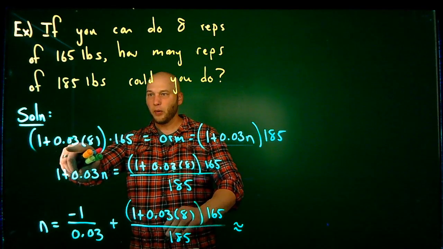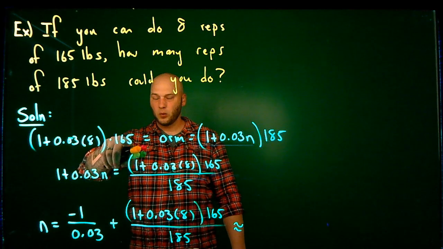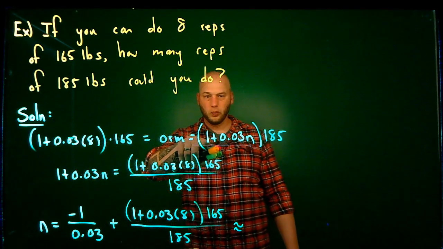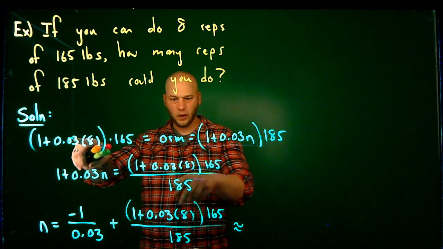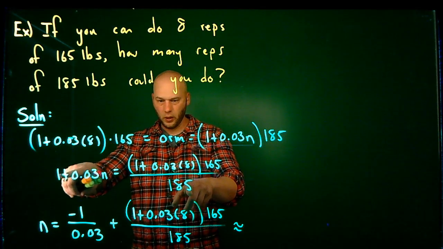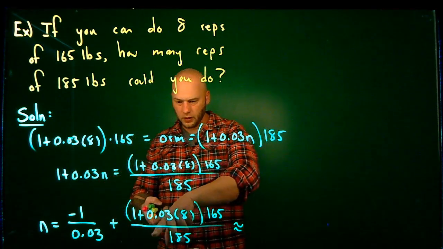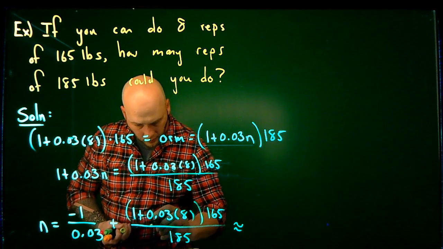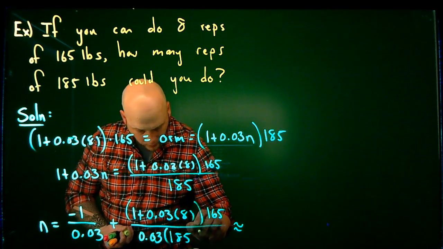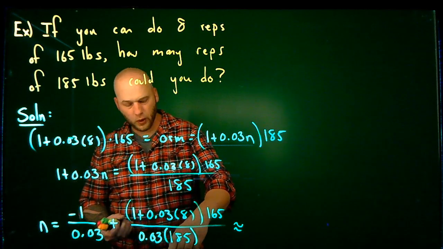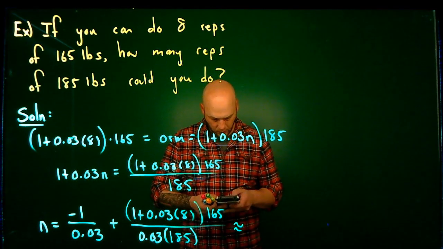One plus 0.03 times 8 times 165 would be 1 plus 0.03n times 185 divided by 185, and then I'm going to subtract 1, and then, oh, forgot to divide this by 0.03, that's why. I was just getting ready to pause the video and then redo the whole thing, but there we go. We had to divide both things by 0.03, so I'm going to go ahead and pop that back in here.